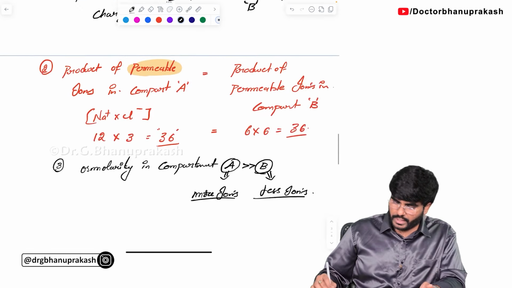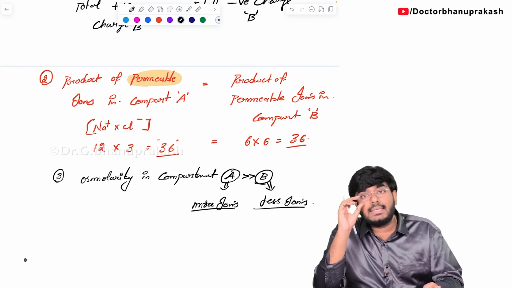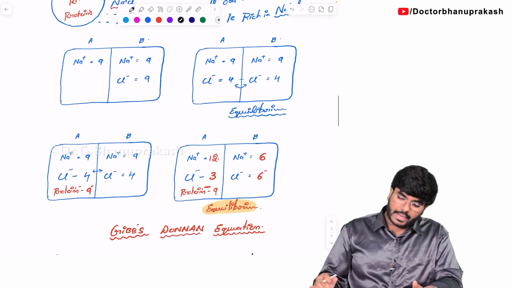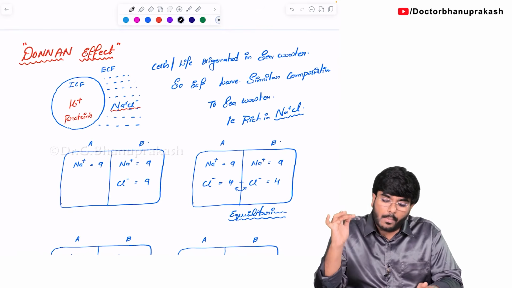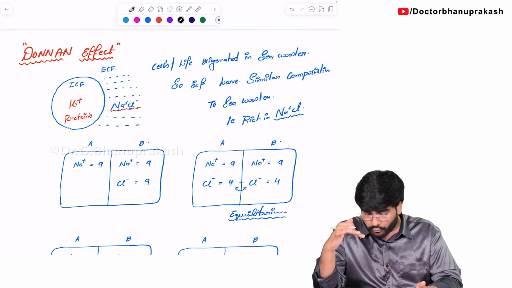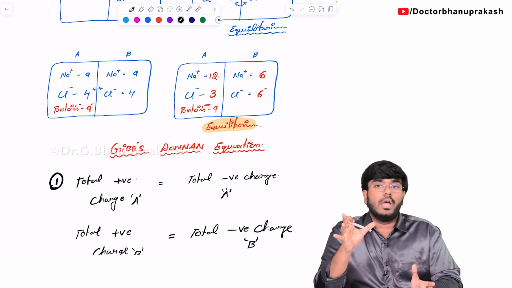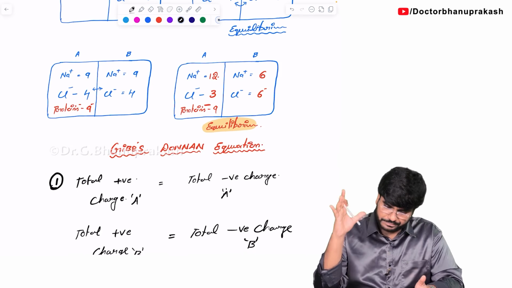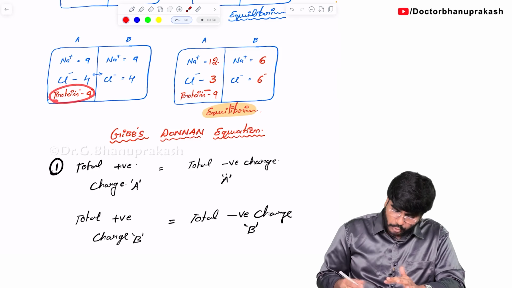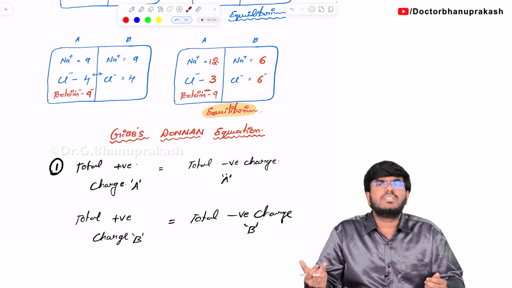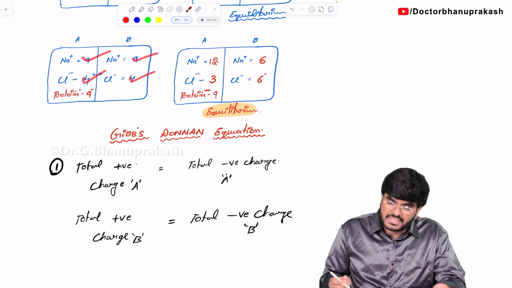So at the end of the day, what I am trying to explain is why there is unequal distribution of ions. That is because of the Donnan's effect. Again, what exactly is the Donnan's effect? In the presence of impermeable molecules like proteins, the moment you add these proteins, the distribution of the permeable ions will be affected and become uneven. In our cells proteins are there, yes. The moment you keep the proteins, the distribution of these ions is affected.